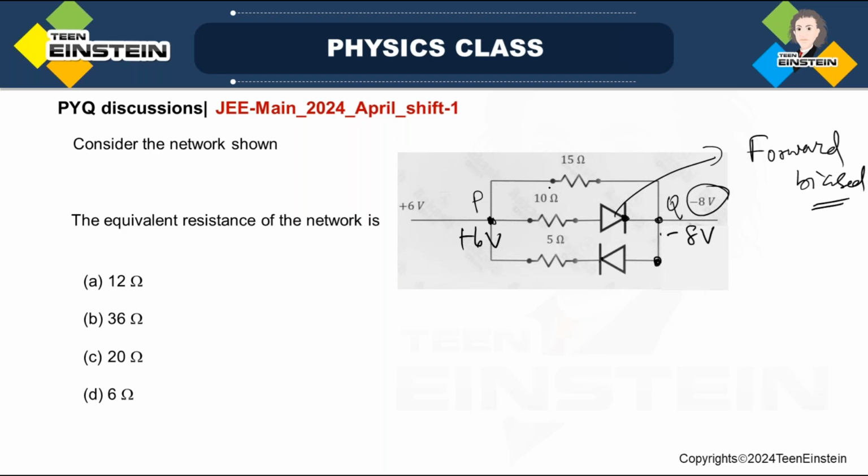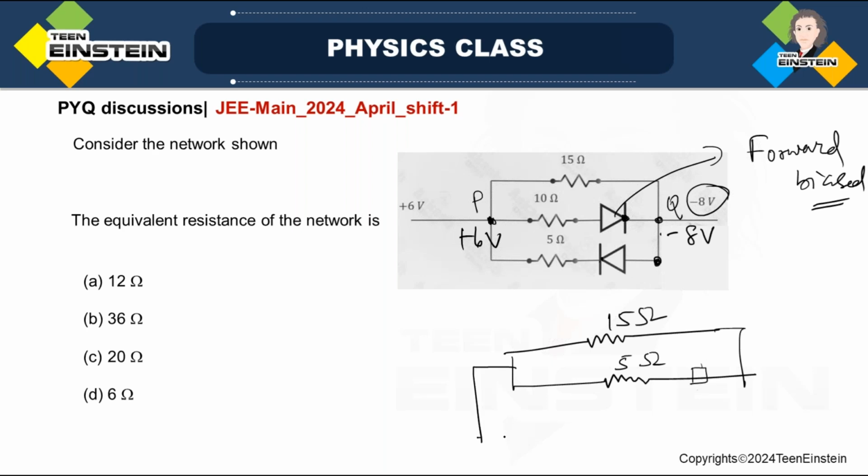For an ideal diode, when the diode is conducting, the resistance is taken to be 0. So now effectively you have this circuit. This is 15 ohm, and you have another part with 5 ohm, and for an ideal diode the resistance is 0, that's why I'm not keeping the diode here.